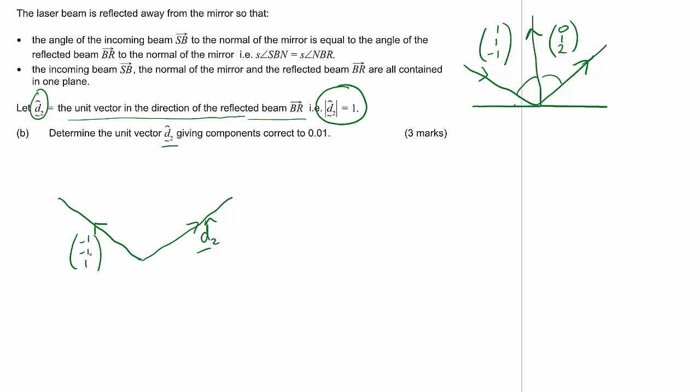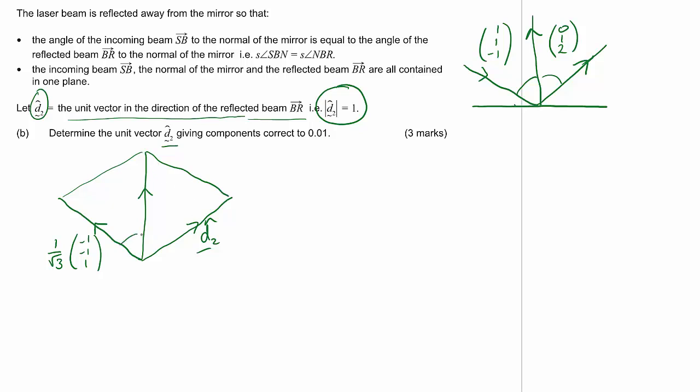Now the magnitude of this is just the square root of 1 squared plus 1 squared plus 1 squared, so √3. So if we say 1 over √3, we've now got a unit vector this way. If you think about this, this is a rhombus.